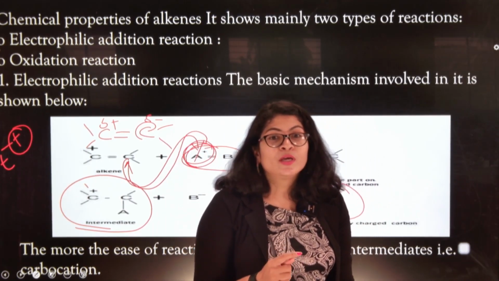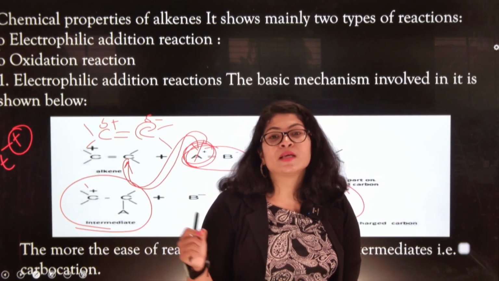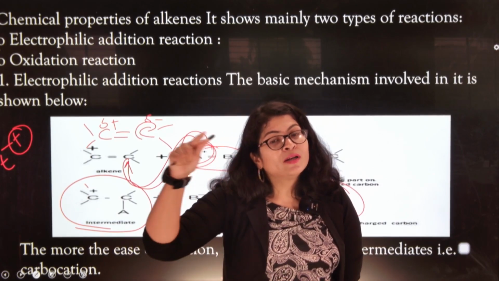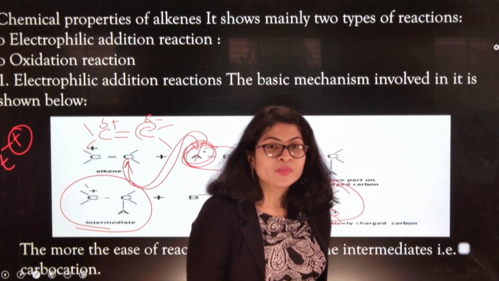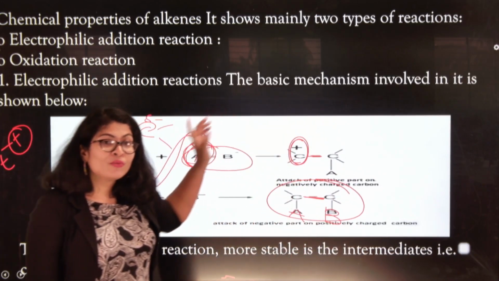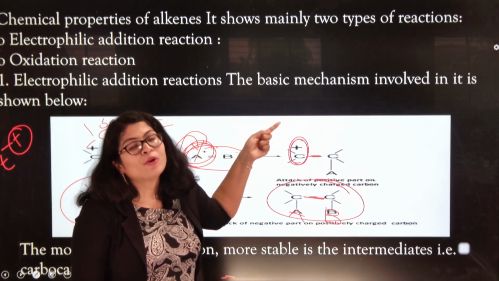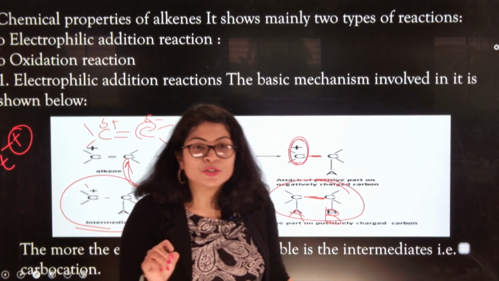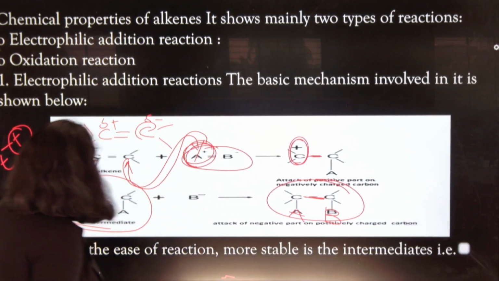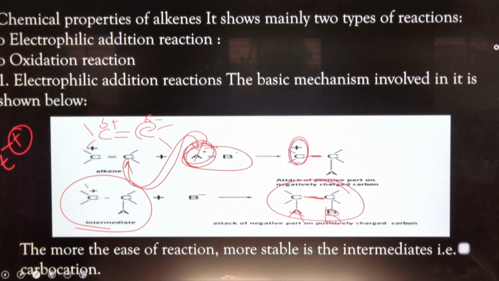The alkene has gone and attacked the A positive charge. Therefore, there is addition of an electrophile. Therefore, this reaction falls under the category of electrophilic addition. The greater the ease of reaction, the more stable is the intermediate, which is the carbocation.